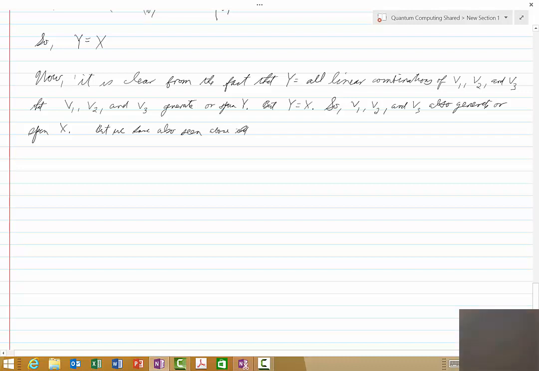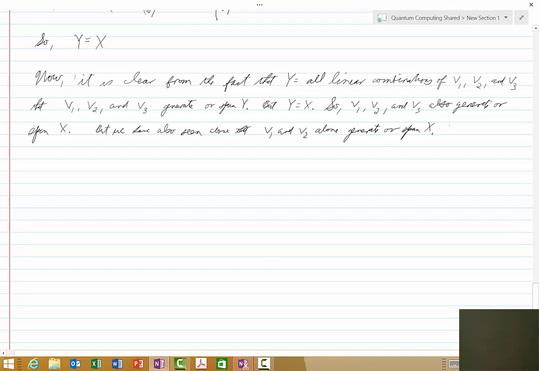that V1 and V2 alone generate or span x.